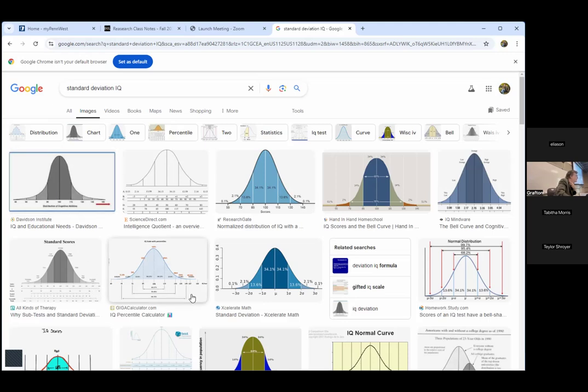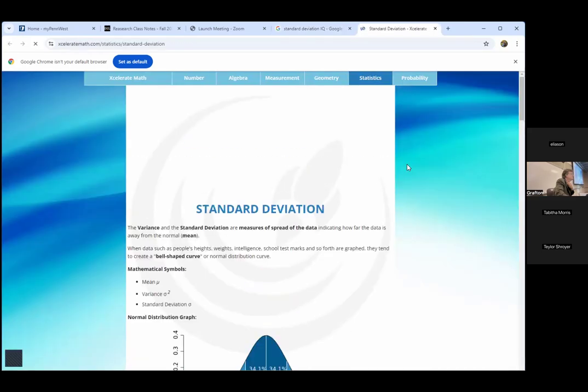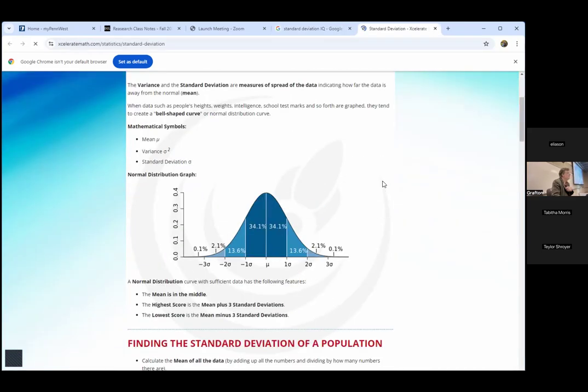Some of these are correct, some aren't. Okay. So let's look at this standard deviation. All right. And we're going to talk a little bit about how you're going to interpret scores.